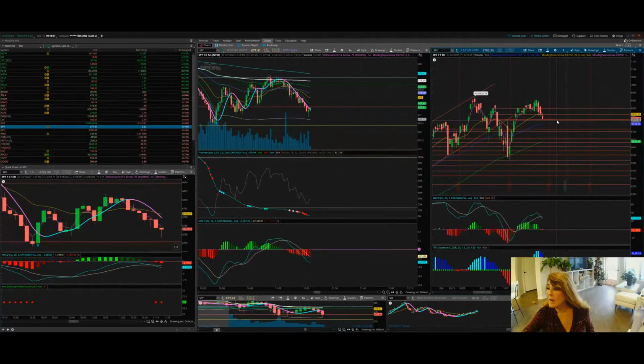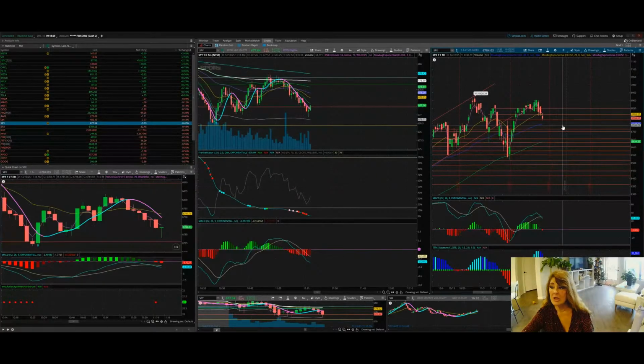So right around where we're sitting at about 6,780 up to about 6,900. Now, that might feel like a huge range. It's really not when you're looking at the daily. 100 points, a little over 100 points, we can do that in a day or two. It's not much. So that's what I'm watching for.